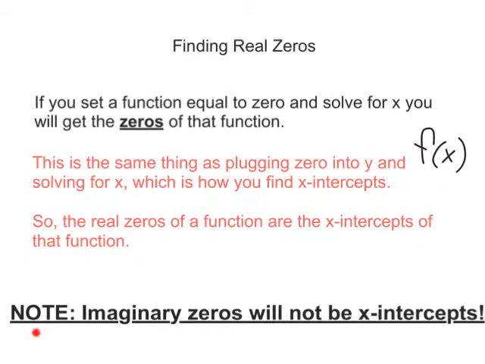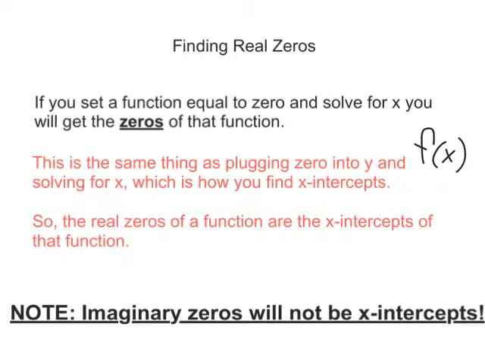One thing to note, imaginary zeros will not be x-intercepts. That's because in the graphing that we're doing in this class, we don't graph imaginary numbers. They're not in our coordinate system. We only have real numbers in our coordinate system. So when you're talking about x-intercepts, or real zeros, any imaginary numbers that you might get while you're solving for x, you will just need to throw away.